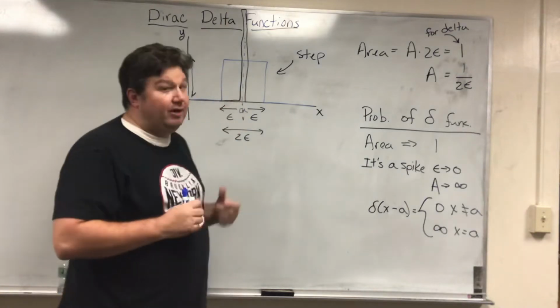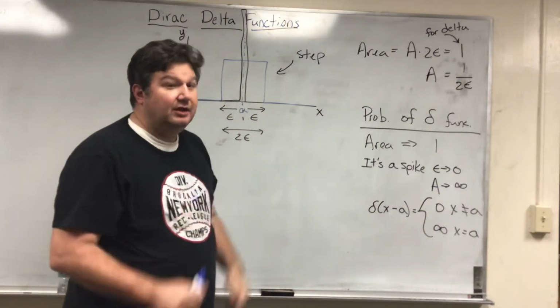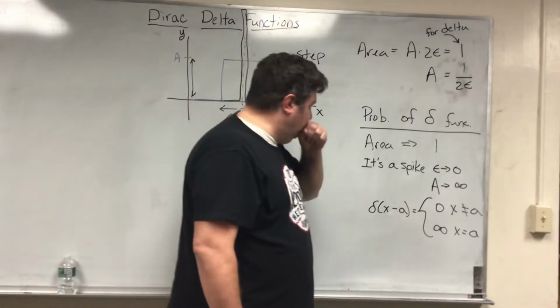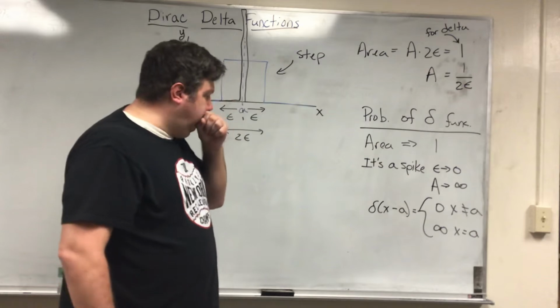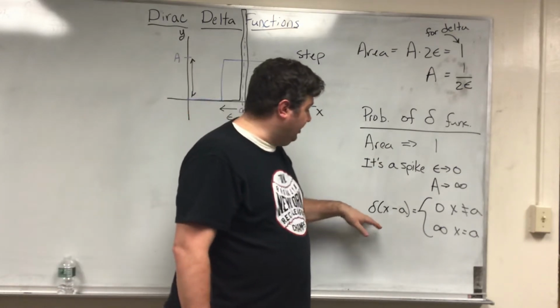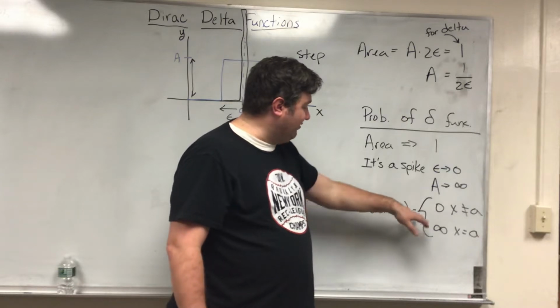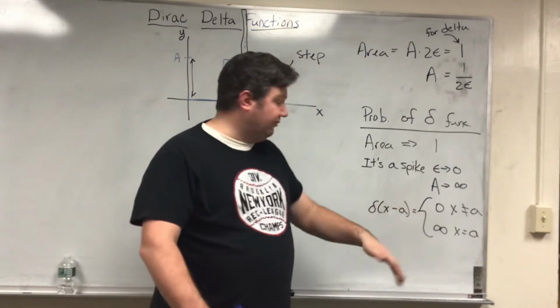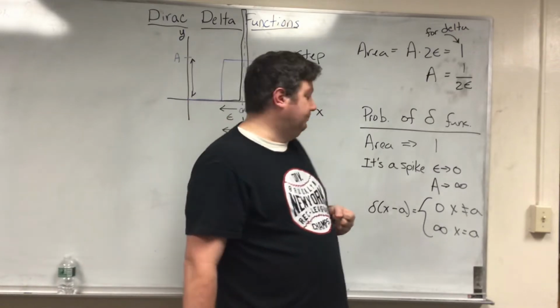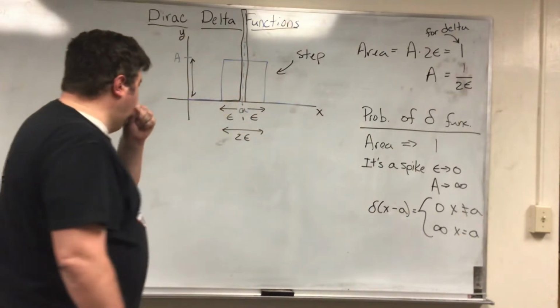To keep area 1, when you make it infinitesimally small, the height has to go to infinity. So delta of x minus a is equal to 0 everywhere else, and it's equal to infinity right at x equals a.